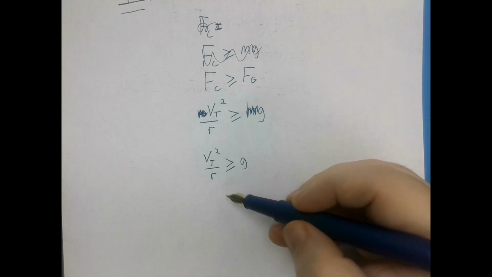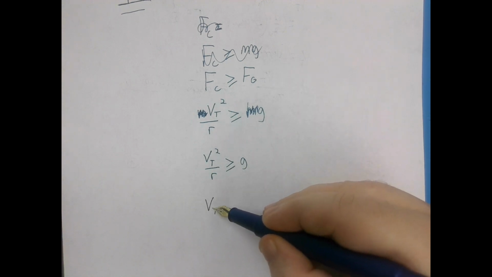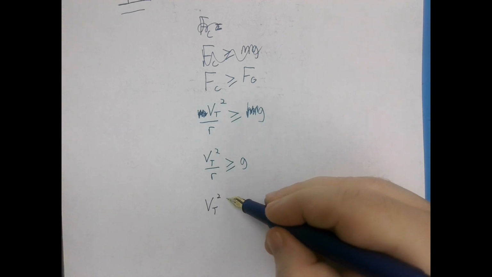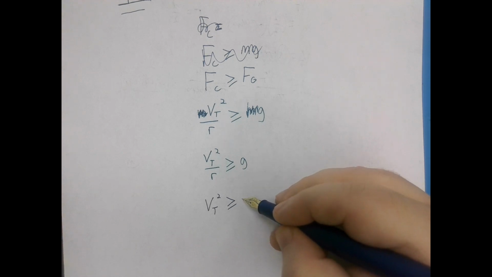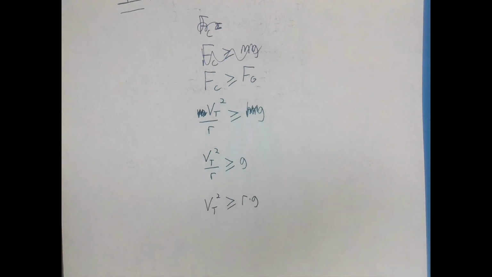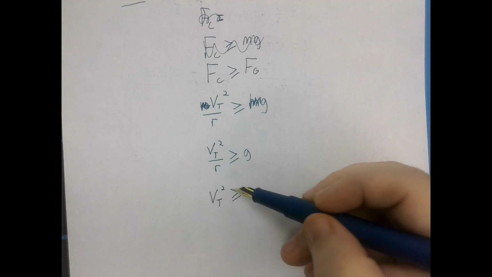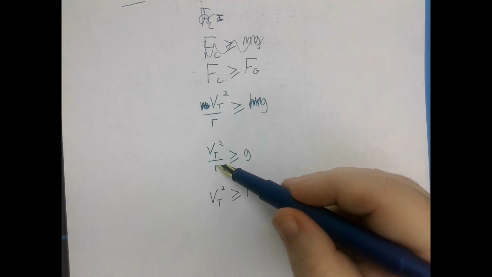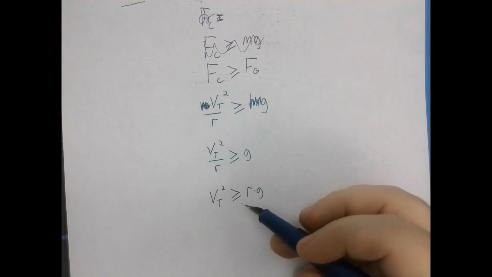And if we multiply r to both sides, assuming that r is positive, we can keep this greater than or equal to r times g. If r was negative, note that we would have to flip the sign. But since distance is always positive, we can keep it greater than or equal to.